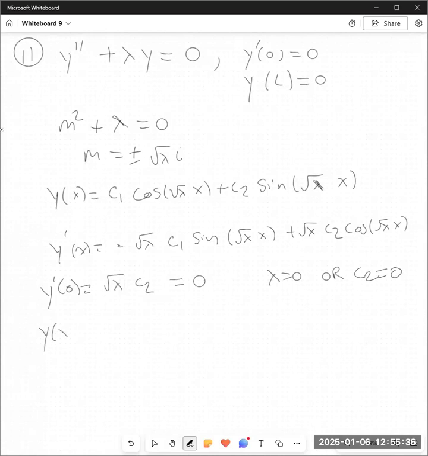It makes y(x) equal to c1 cosine of root lambda x, and makes y(L) equal to c1 cosine of root lambda L, like that.